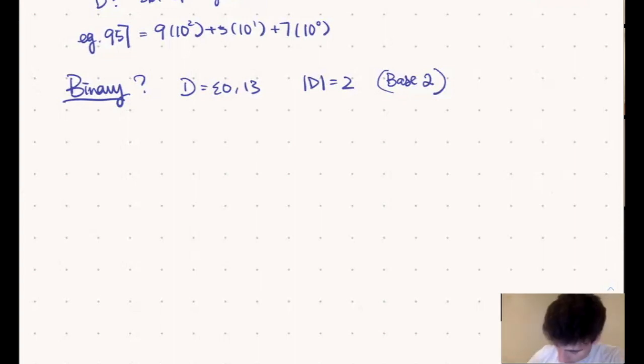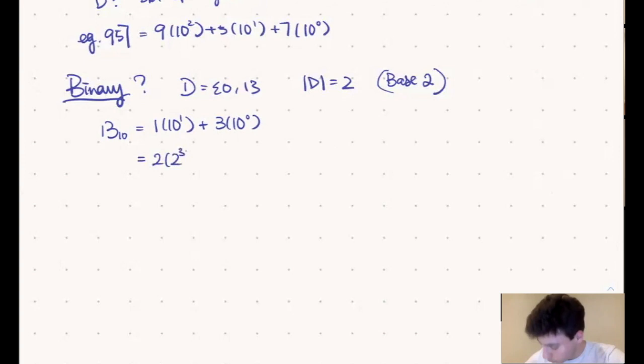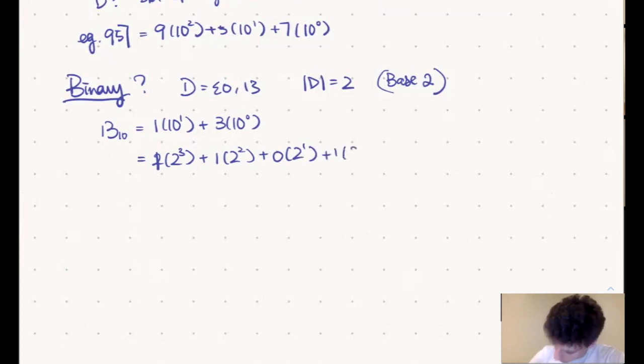Let's take the number 13 in base 10. 13 in base 10 can be written as 1 times 10 to the power of 1 plus 3 times 10 to the power of 0, which equals, in the binary expansion, 1 times 2 to the power of 3 plus 1 times 2 to the power of 2 plus 0 times 2 to the power of 1 plus 1 times 2 to the power of 0, which by dropping the 2's, we see is equal to 1, 1, 0, 1 in base 2.